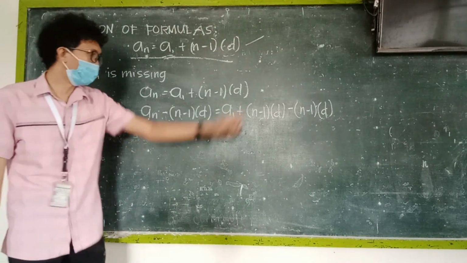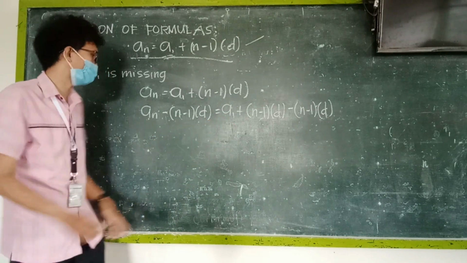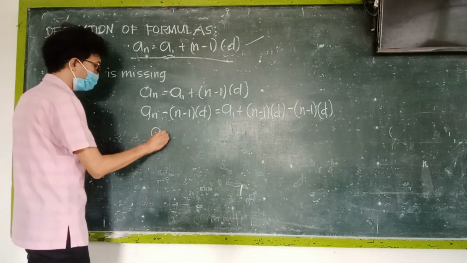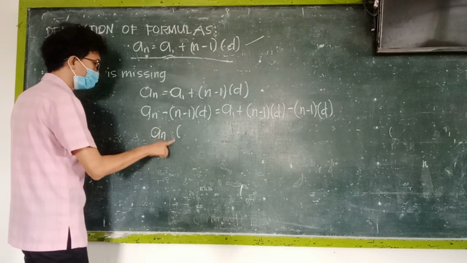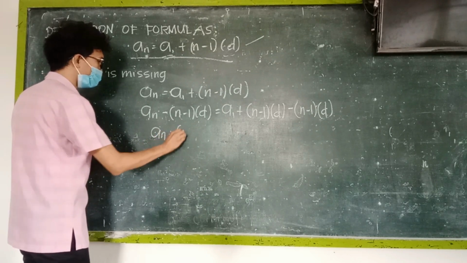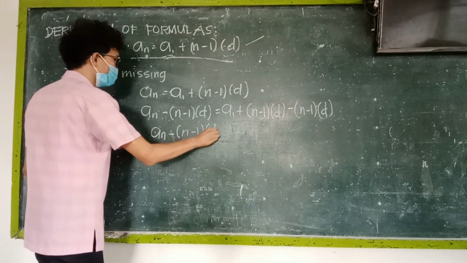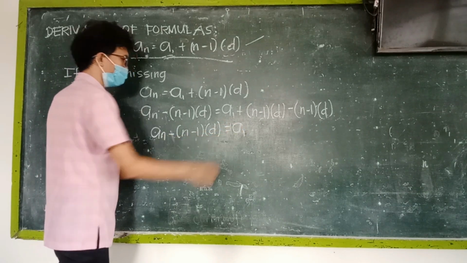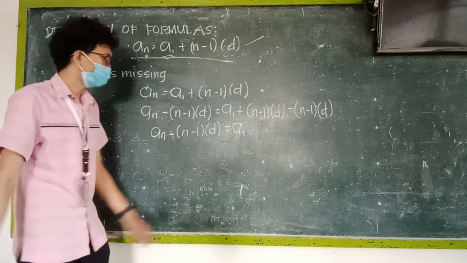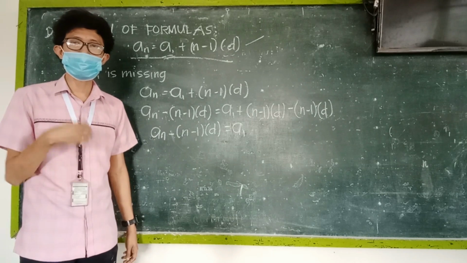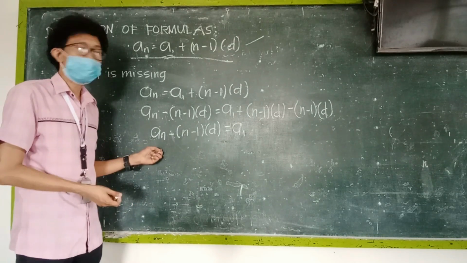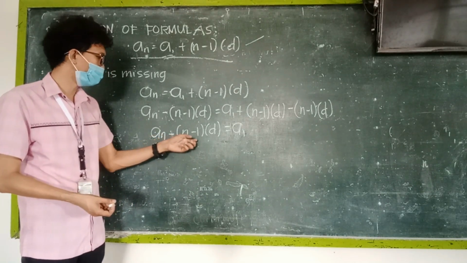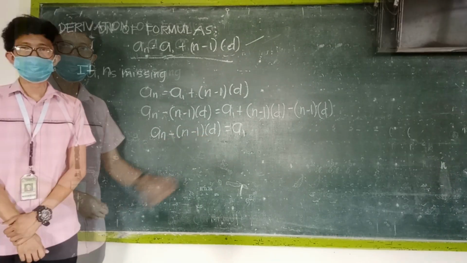So, kapag natanggal yan, ang matitira na lang is ang a sub 1. So, we have a sub n minus n minus 1 times d is equal to a sub 1. So, kapag a sub 1 ang nawawala, ang formula is a sub n minus n minus 1 times d.